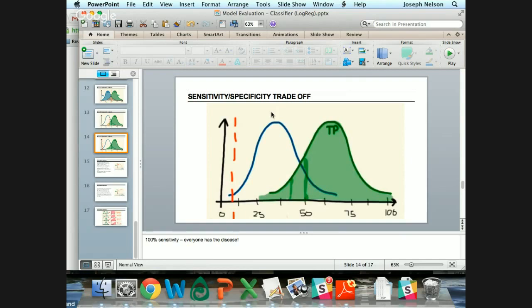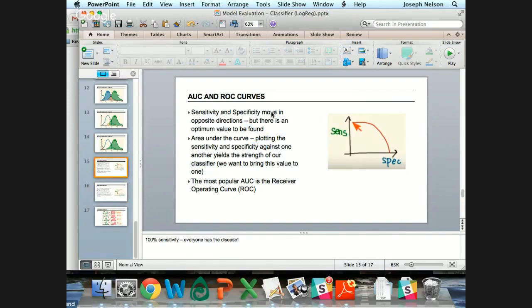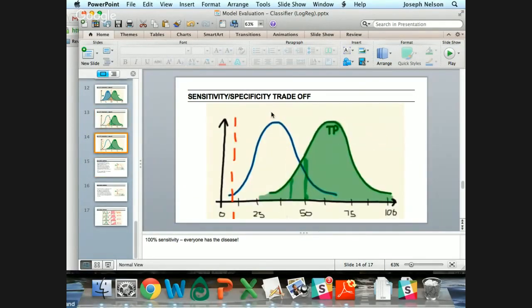That relationship is exactly why we can produce curves of different shapes and of different qualities. Some curves will minimize the sensitivity and specificity trade-off better than others.